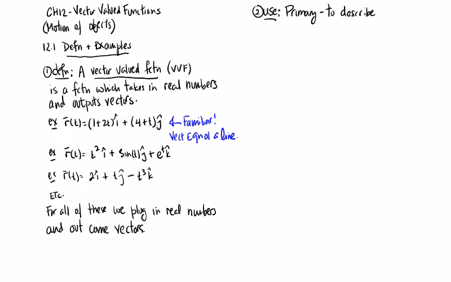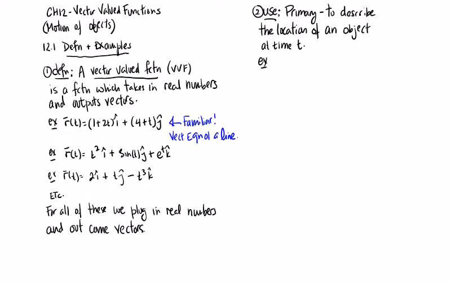The reason we use the variable t is as a time variable. So here, think of this as describing the location of an object at time t.